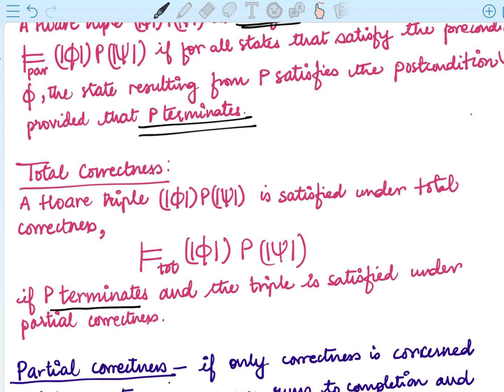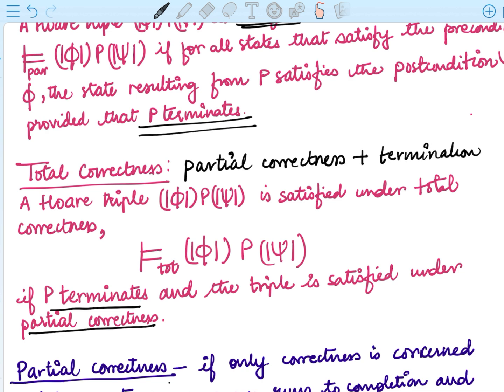So a Hoare triple phi P psi is satisfied under total correctness, and this is the symbol of total correctness, if P terminates and the triple is satisfied under partial correctness. So this is partial correctness. You will prove it by partial correctness, or show that it is partially correct, plus the termination. The termination condition was not a part of partial correctness but is a part of total correctness.